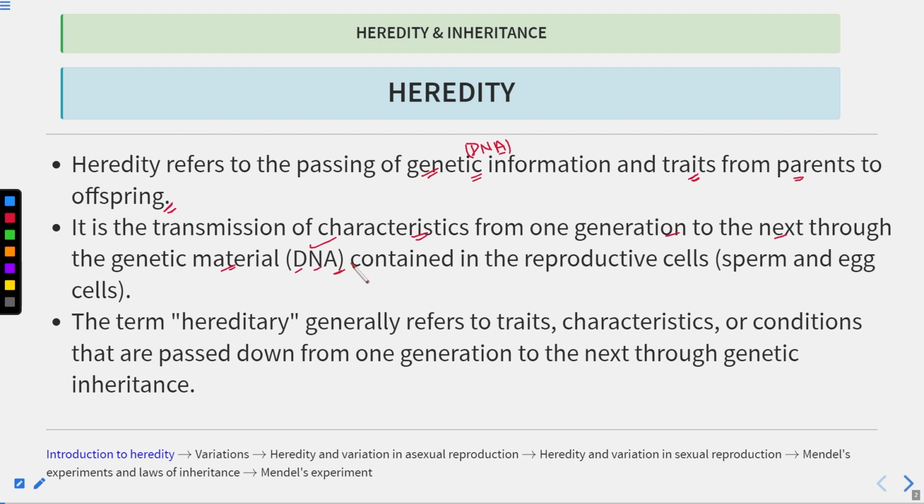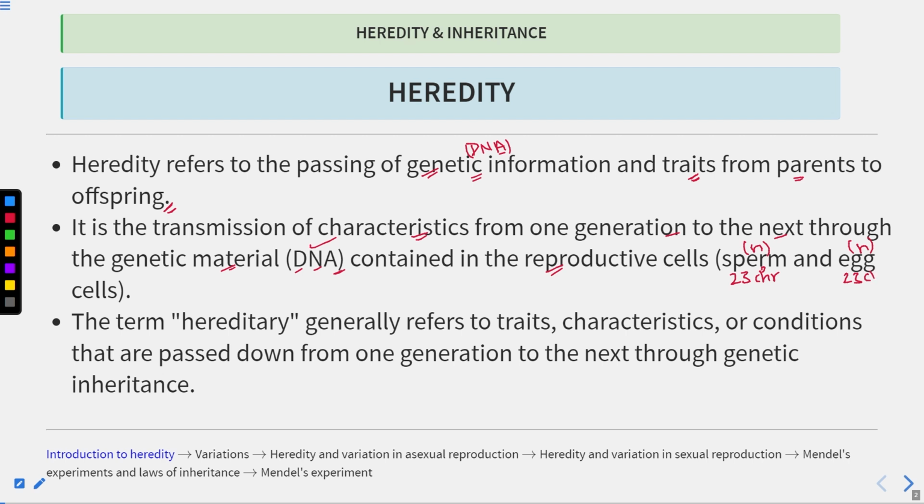Okay, so this DNA, which is contained in the reproductive cells, is transferred from one generation to another generation. And what are these reproductive cells? Sperm, which is haploid, as well as the egg, which is again haploid, meaning they contain 23 chromosomes. Clear?